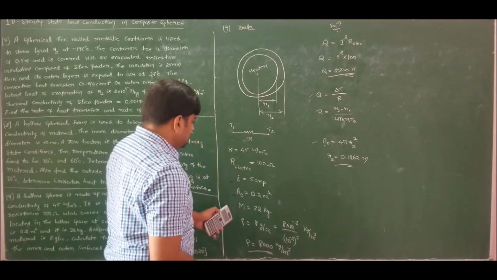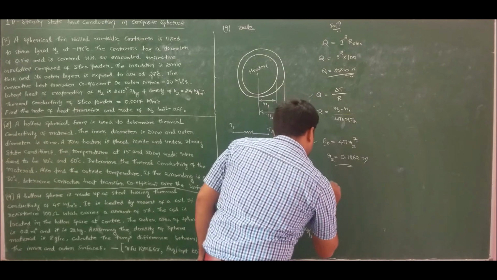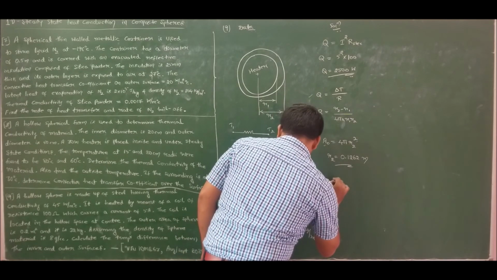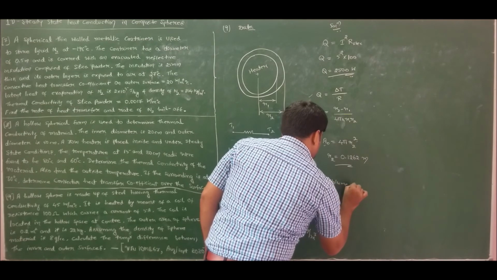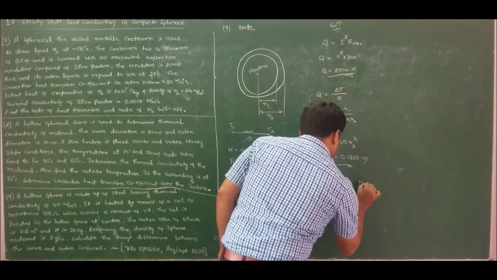To find R1, we know density and mass, so we can find volume. Volume is equal to mass by density.